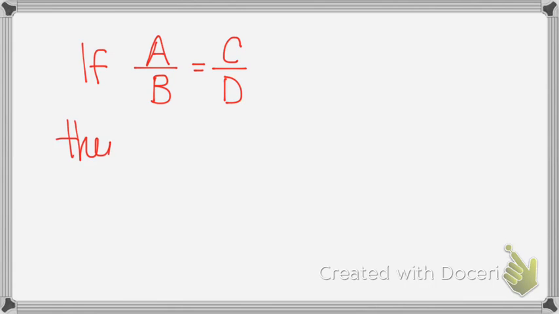But what we showed is kind of more generally, if we have a proportion, and I'm just going to use letters to stand for these parts of these ratios, we know if this is true, then A times D here is equal to B times C here.